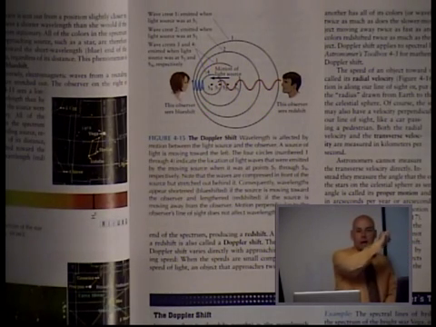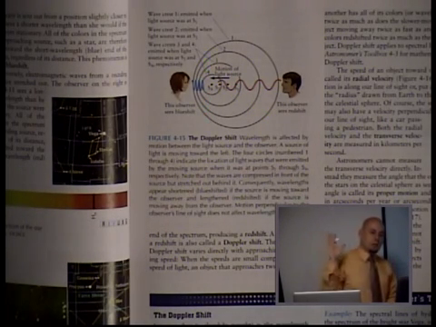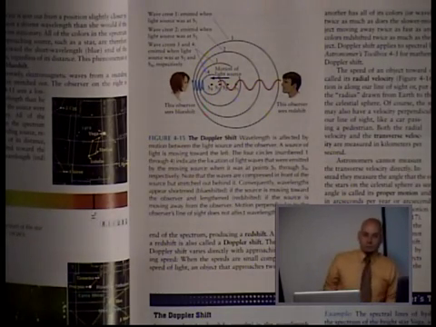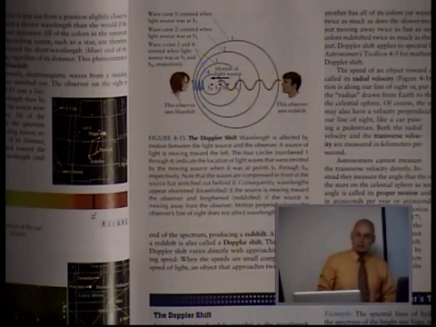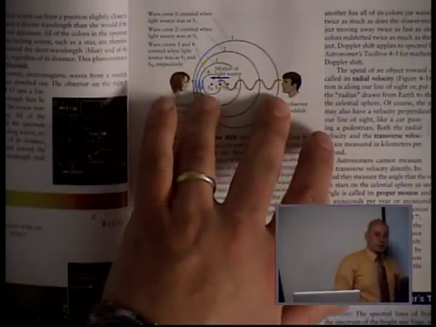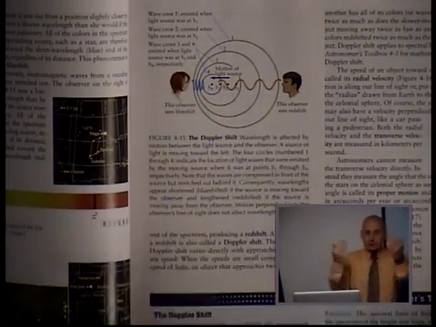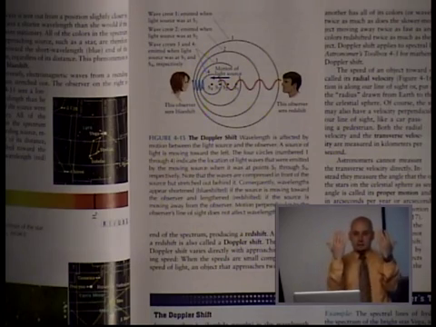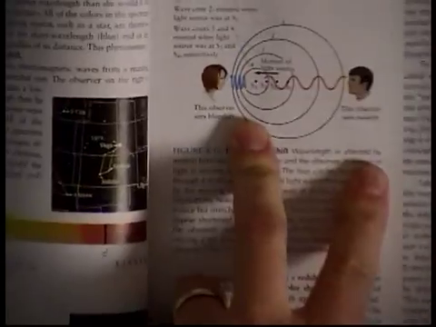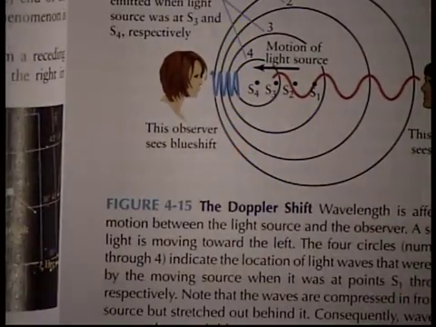It does so because the wave is being compressed first, and then stretched after it moves away from you. Interestingly, light does the same thing. If an object is moving towards us, the wave is being compressed, and we say the spectrum gets blue shifted.